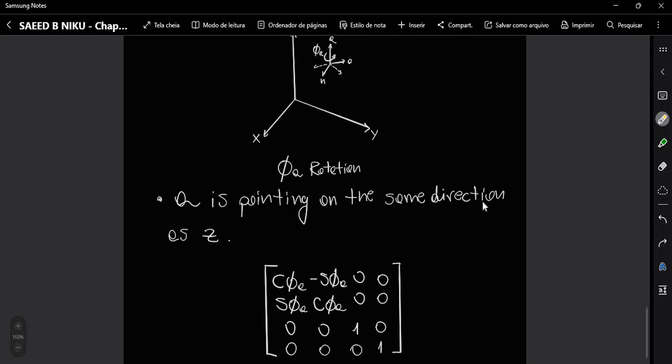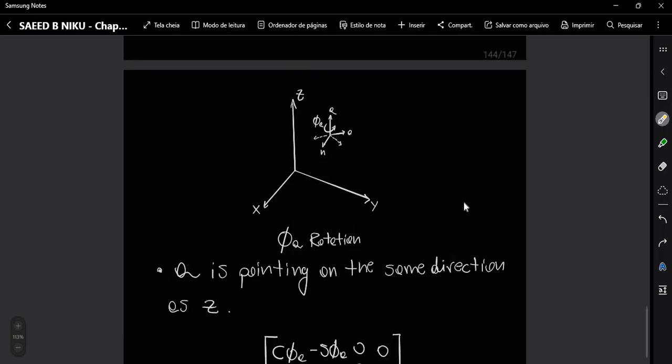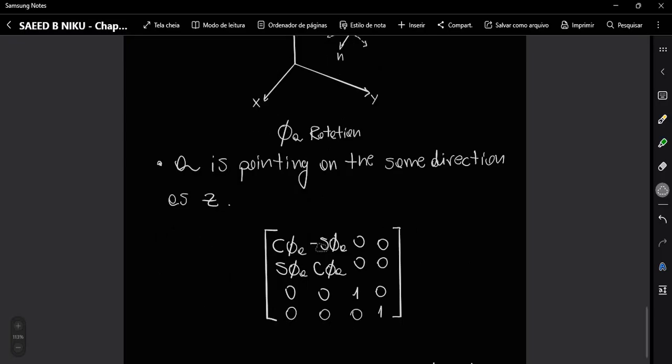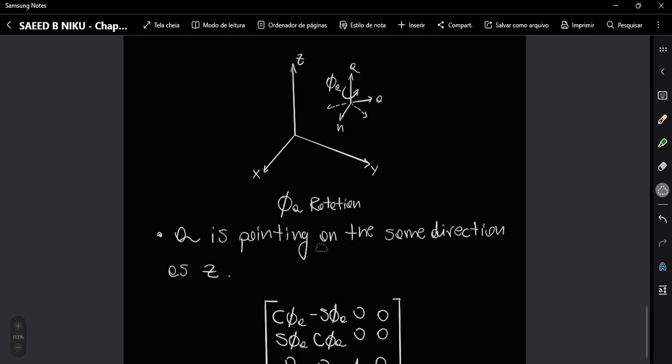and this transformation will generate a certain angle. So if we are doing a rotation right here, as you can see, around the a-axis of this moving frame, we will generate this phi angle in relation to this a-axis, and as it's pointing in the same direction as the z-axis from the reference frame, we can use its characteristic rotation matrix of the z-axis and adapt it to the a-axis.